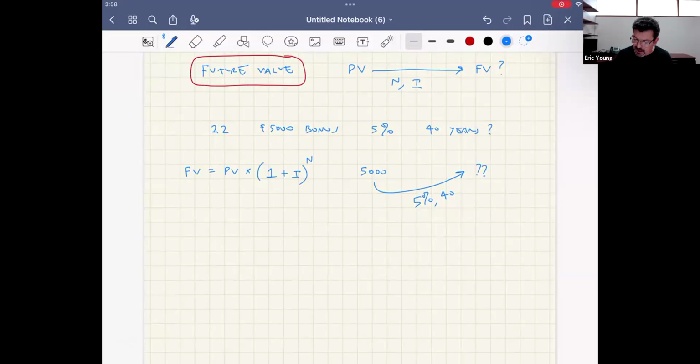So you could theoretically say that the future value is equal to the $5,000 that you have multiplied by 1 plus the interest rate raised to the n of 40, or $5,000 times 1.05 raised to the 40. And you can do that math, and that answer will tell you what that 5,000 grows to. But to me, you don't have to do that math. I mean, you can do it if you want, but we have a simpler tool.